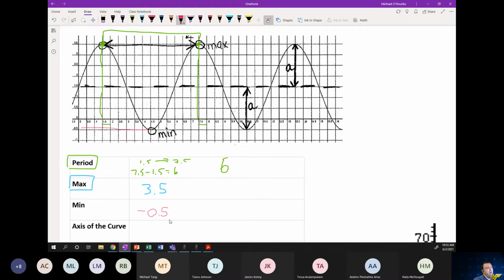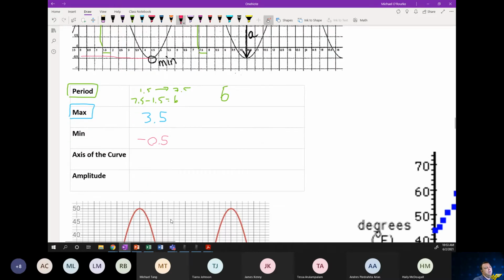Okay. Now our axis of a curve. If you remember our equation for axis of a curve, it was max plus min divided by 2. So if we want to do that, we're going to go 3.5 plus negative 0.5 divided by 2 equals 3 divided by 2, which equals 1.5.